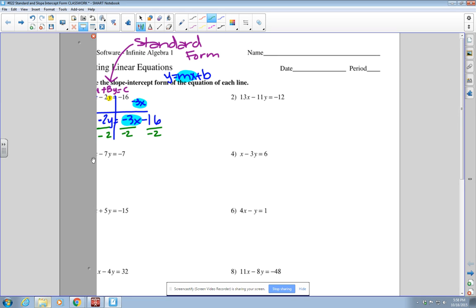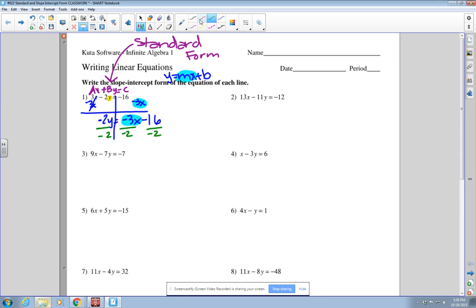When I divide everything by negative 2, I now see that my negative 2's simplify to 1, so I'm left with y equals, a negative divided by a negative is a positive, so I'm left with 3/2 x, and then a negative divided by a negative again gives me a positive, and then 16 divided by 2 is 8. Okay, and so I'm left with y equals 3/2 x plus 8.